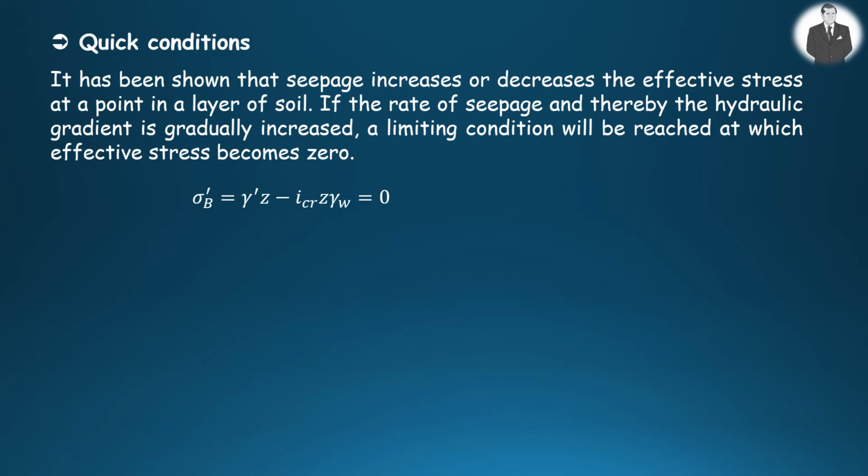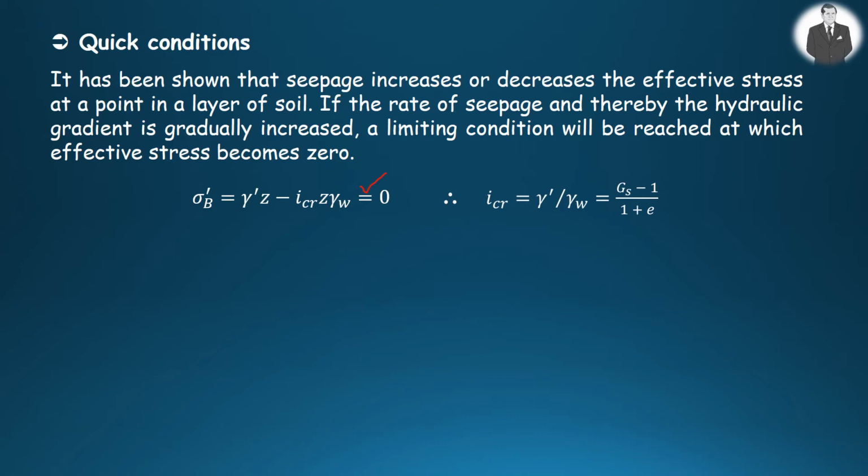Remember the case where there was upward seepage and the effective stress was determined at point B. If the effective stress equals zero, then the critical hydraulic gradient is defined, which is the ratio between the effective unit weight of soil and the unit weight of water.